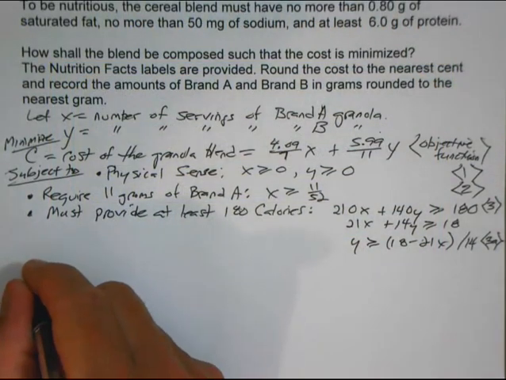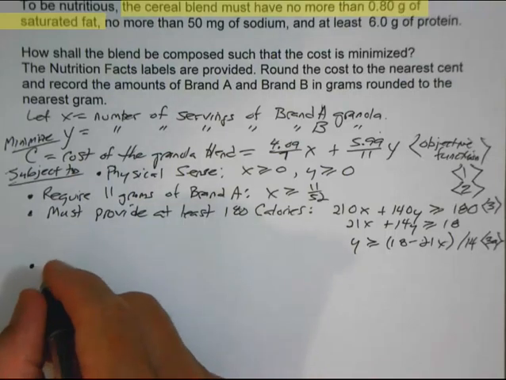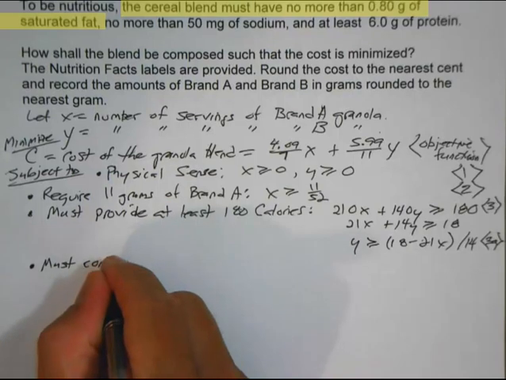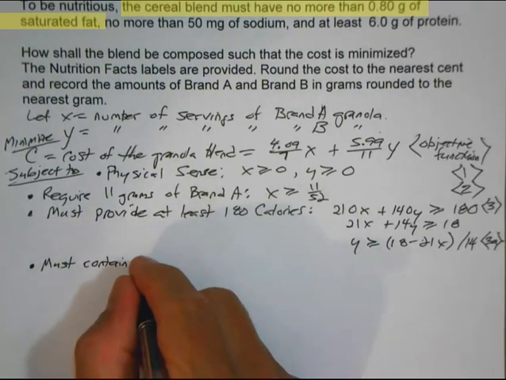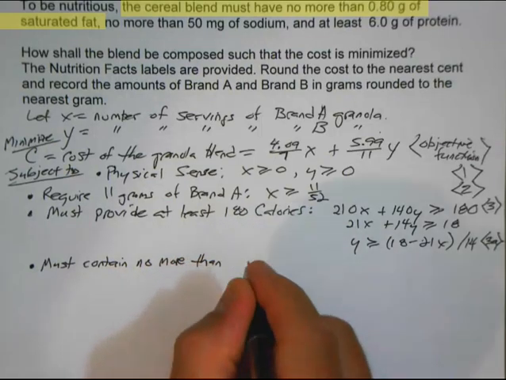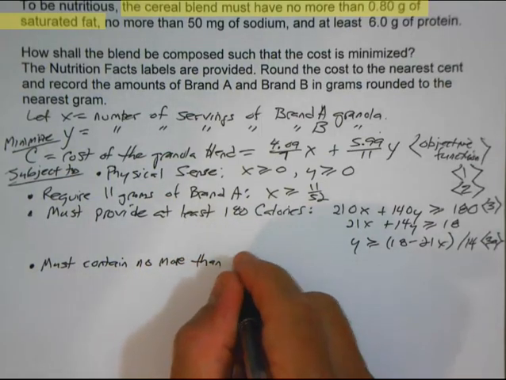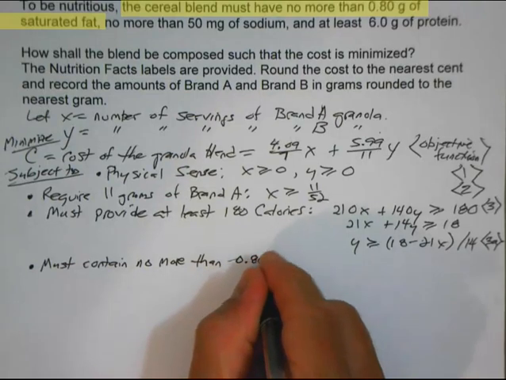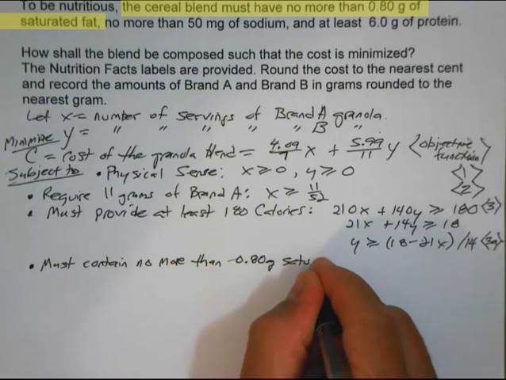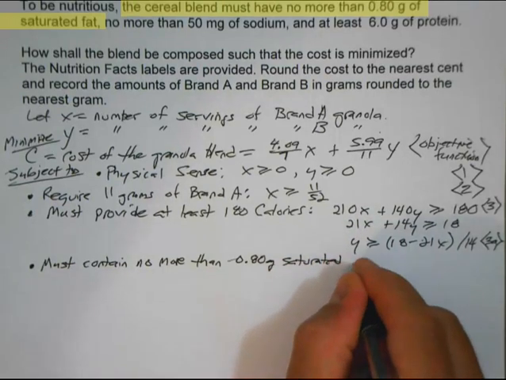First, what are we doing here? We're translating this sentence: must contain no more than 0.80 grams of saturated fat. Unhealthy.